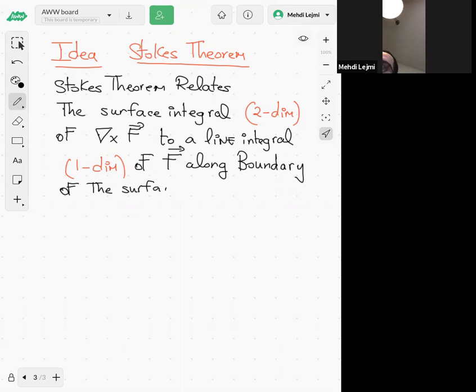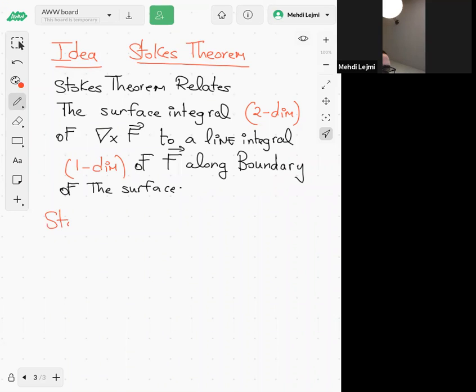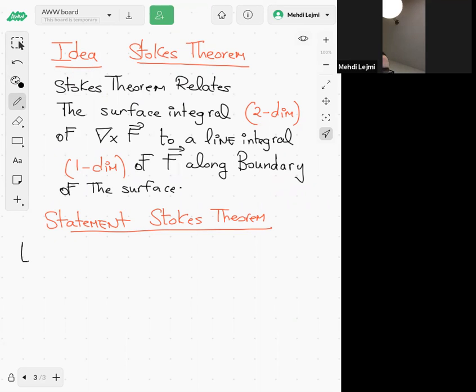Anyway, let me just remind you the statement of the theorem. What does Stokes theorem say exactly? You have this surface S, some bounded, smooth, nice surface in space.